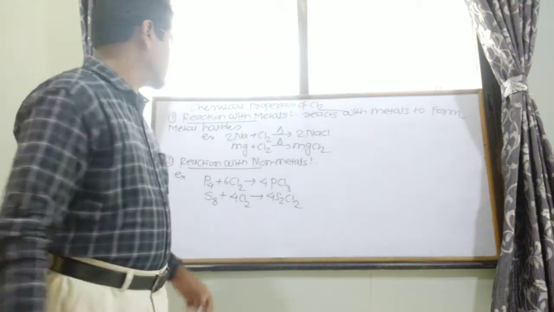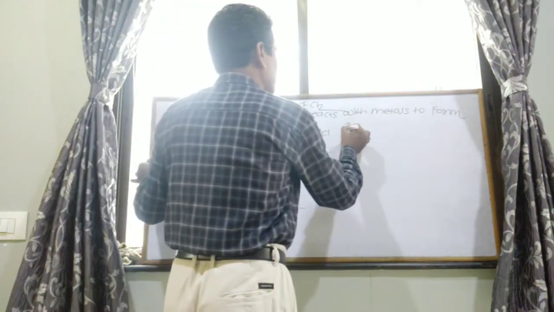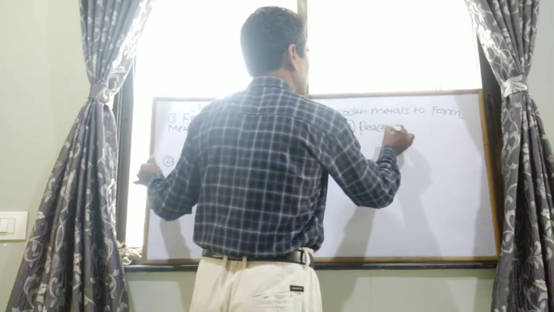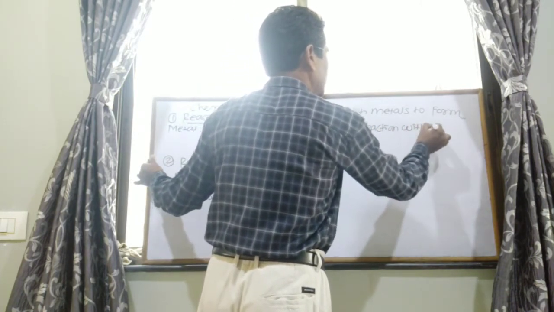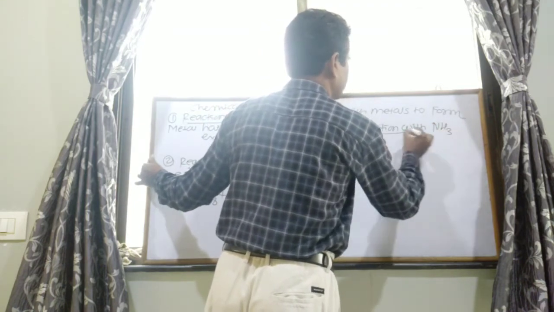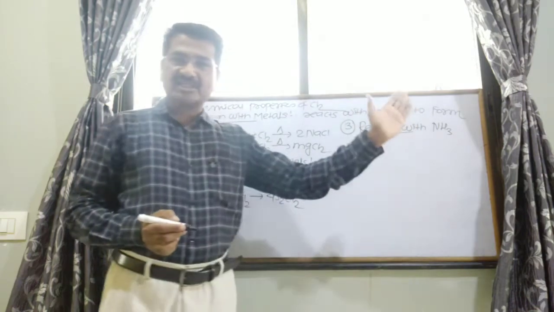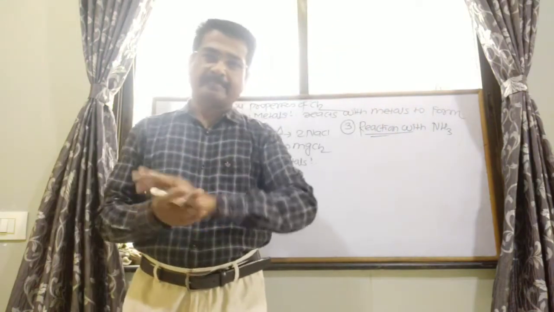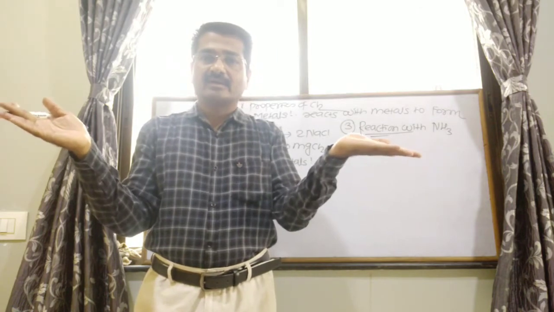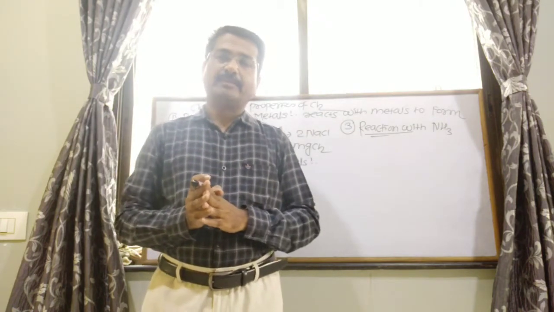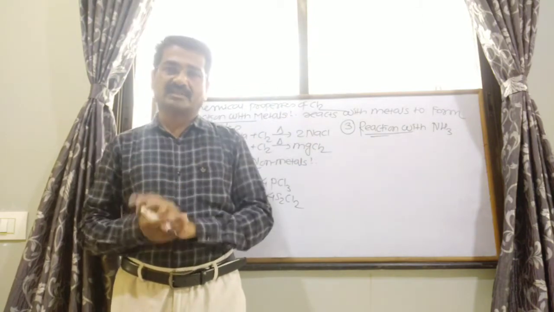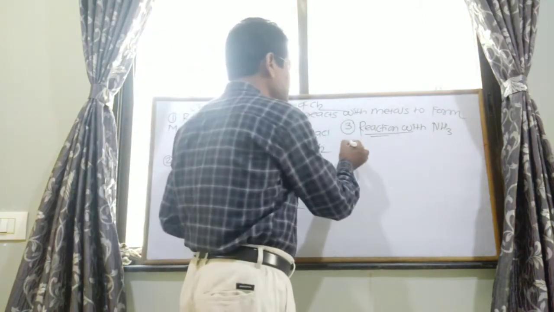Then the third reaction, that is reaction with ammonia, NH3. This reaction of ammonia with chlorine can give two different results, depending upon the excess of NH3 or the excess of chlorine.